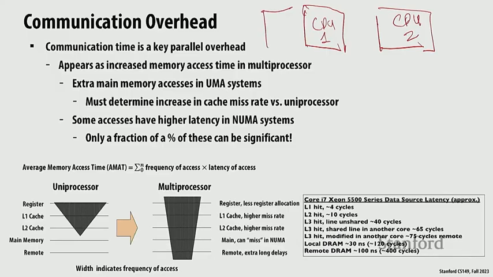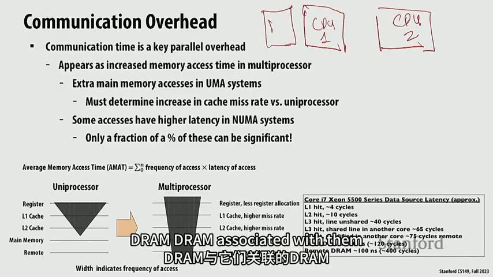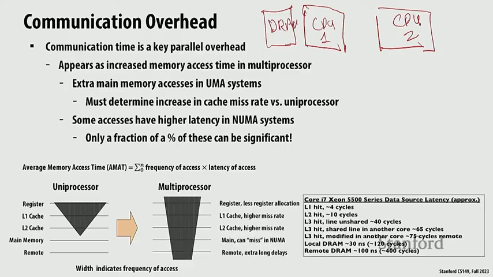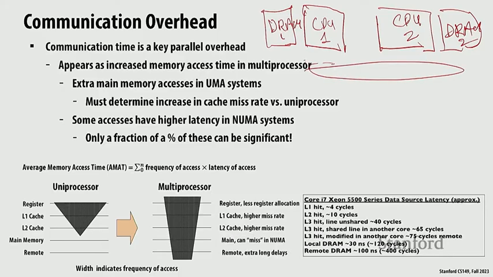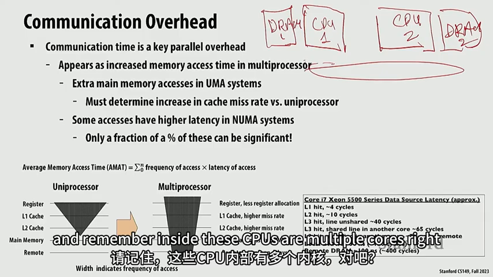They have DRAM associated with them, DRAM 1 and DRAM 2, and then there's some interconnect. And remember, inside these CPUs are multiple cores.